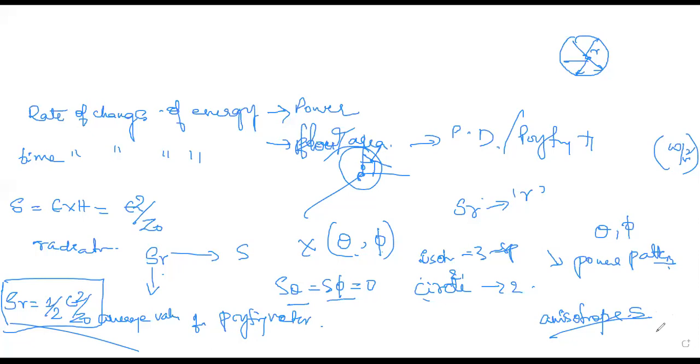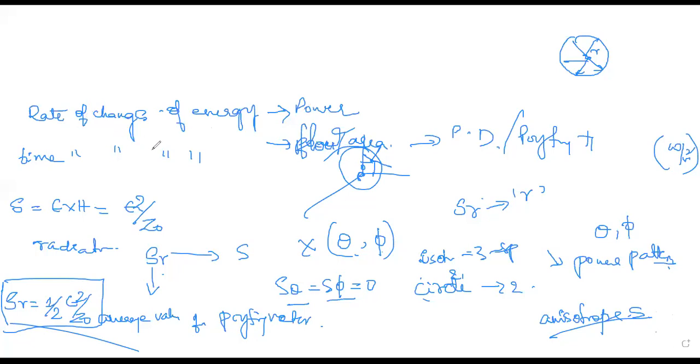So again, there are two types in this. Once again, I'll just summarize the concept. For the power pattern, you have to consider a point source placed at the center of a spherical coordinate system. It will emit energy in all directions because it is a point source. The rate of change of energy is called power.